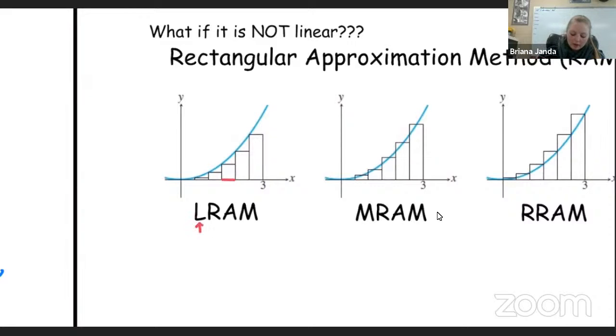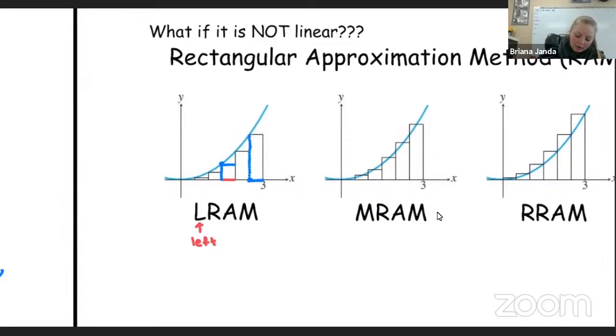If it says LRAM, it says use the left endpoint of the base, which would be right here. Follow that left endpoint up to the curve, and then that's where you draw in the matching base to create the rectangle. And you'll notice that each of the left hand, so if we look at this base right here, it's left hand if I follow it up to the curve.